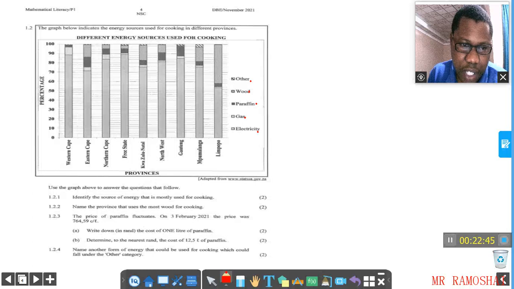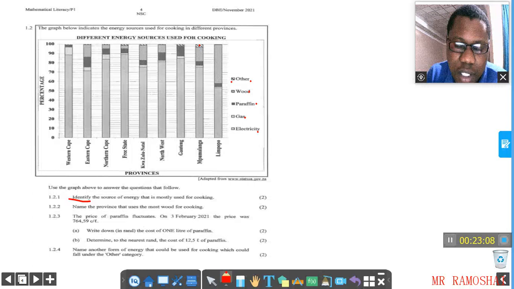Okay, now let's go straight to the question. Here they just say identify the source of energy that is mostly used for cooking. On the graph, let me say with other, we're going to check a part that has some lines as if they are crossing. It's only this one.